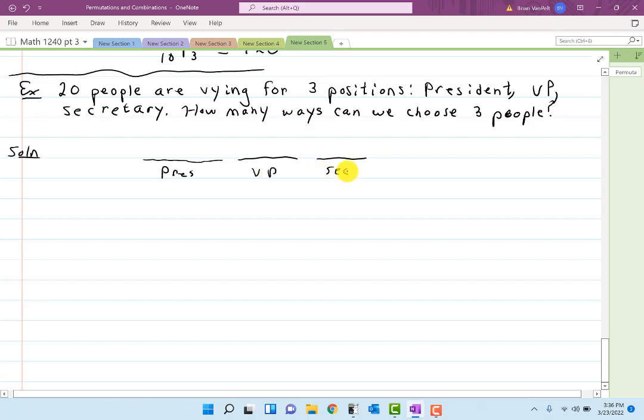So for the president, conceivably any of 20 people can be chosen. For the VP, conceivably any of the following 19 people can be chosen. And then finally, after 2 people are placed, that leaves 18 people for the secretary. However, you can also do the same thing by simply doing 20P3. You'll see we get the exact same answers.